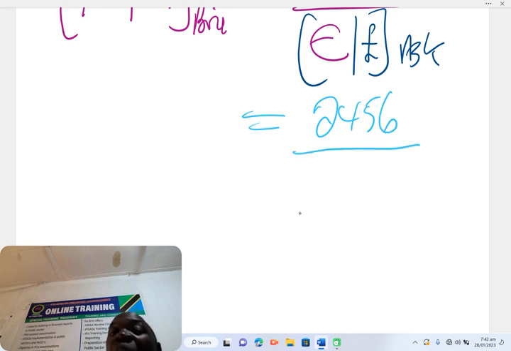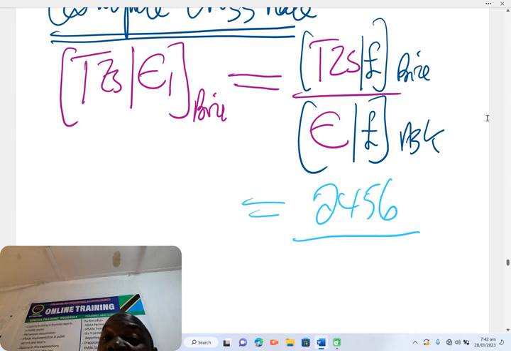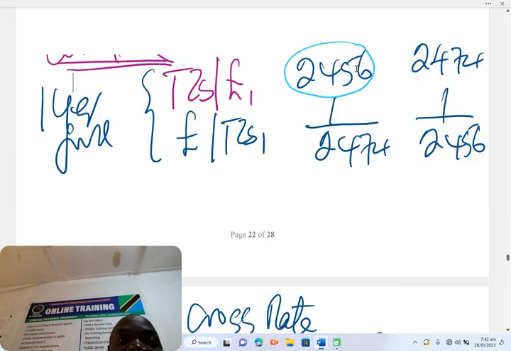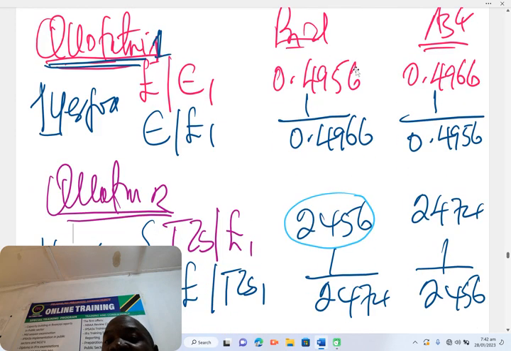Again, we need to compute to find the value of euro stroke pound ask. Euro stroke pound ask. Do you see? What is the transaction? Euro stroke pound ask.